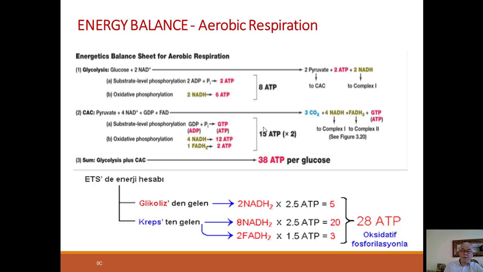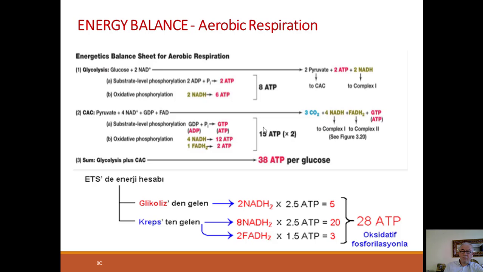In this second calculation, 1 NADH's electrons entering the electron transport chain in oxidative phosphorylation can produce 3.5 ATP, and FADH2 produces 1.5 ATP, and in total we can calculate 28 ATP.